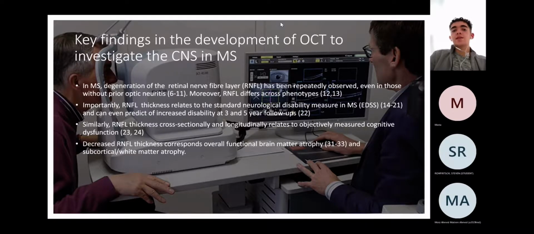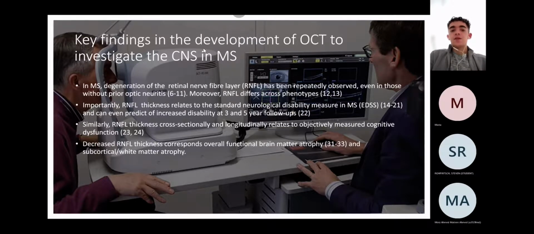So it's interesting that in this case they don't seem to, but again, the idea of the biomarker being able to distinguish phenotypes is very important in developing this as a biomarker. And also, the thickness relates to the standard EDSS neurological disability scale in MS and can even predict increases in disability 3 years, 5 years, and more recently 10 years, from imaging.